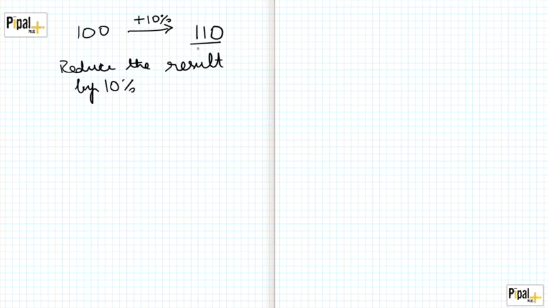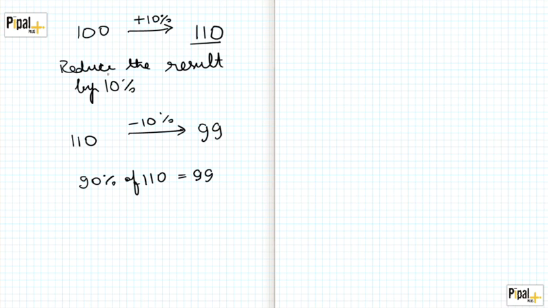I know that reducing any entity by 10% means making it 90%. So from 110, when I reduce by 10%, it becomes 90% of 110, which is 99 and not 100, right?